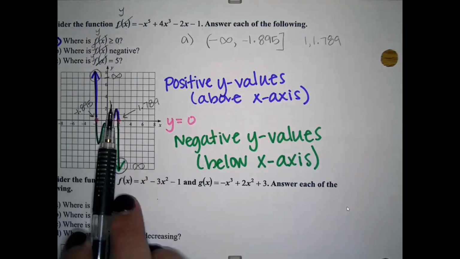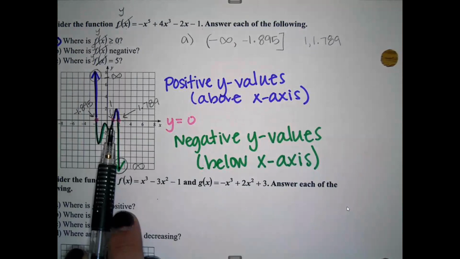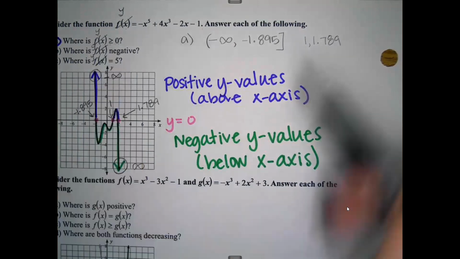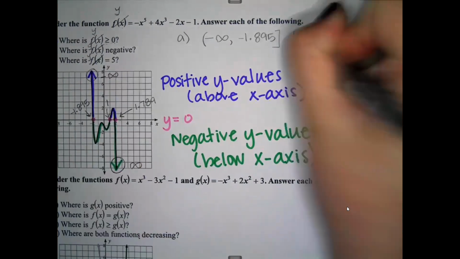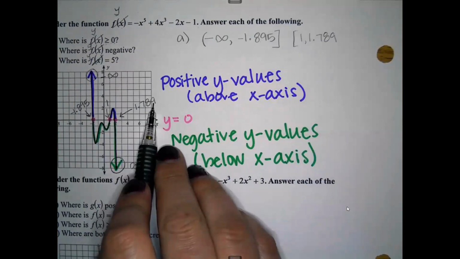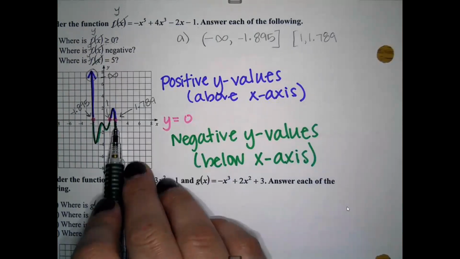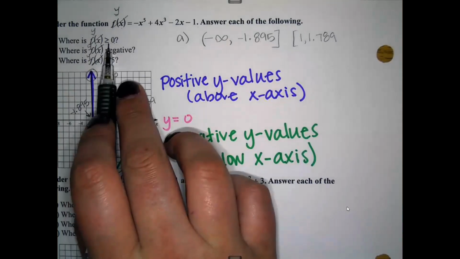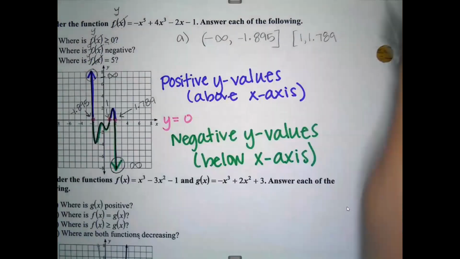If we take this number and plug it in, what did it give us as an answer? 0. Is that greater than or equal to 0? Yes. So we use a bracket. If we take this number and plug it in, what does it give us? 0. Is that greater than or equal to 0? Yes. So we use a bracket.